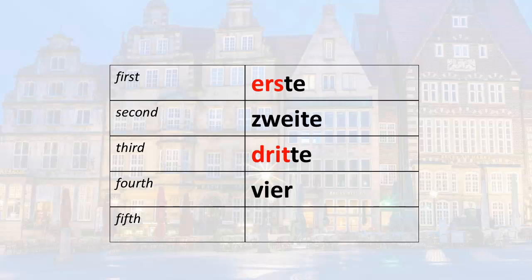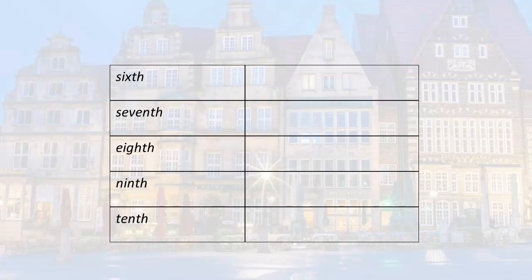Fourth, remember the cardinal number is vier, so just add a TE, and we have vierte. Fifth, the number 5 is fünf, so add a TE and you have fünfte. Sixth, we start with the number 6, sechs, and you add your TE, so we have sechste.